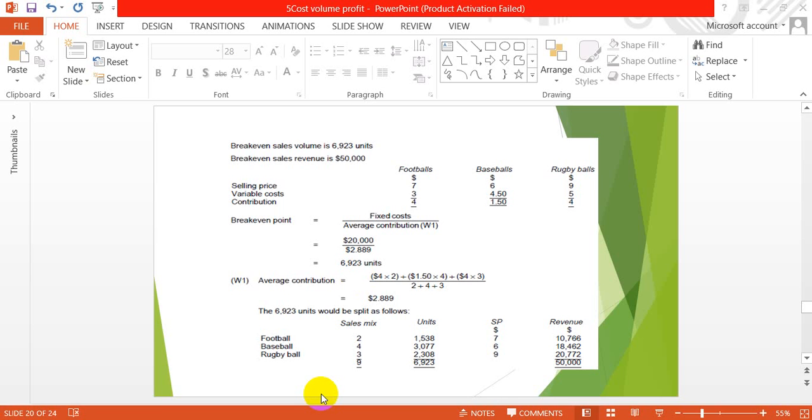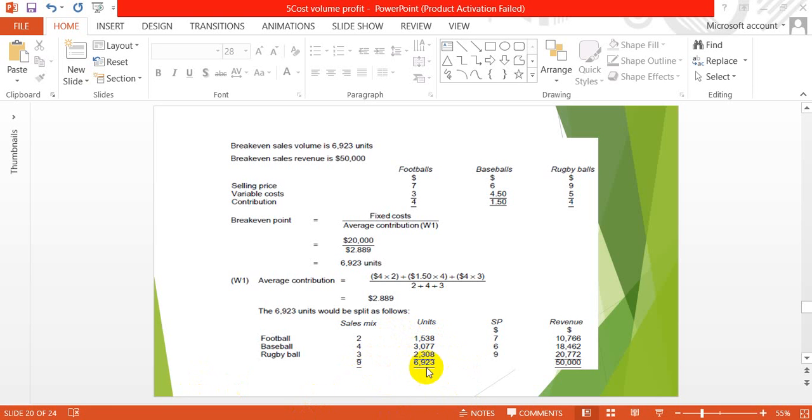Next, we want the break-even number of units for each, because what we have got, the 6,923, is the total, but we want it for the individual products, so we prorate those depending on the quantities.